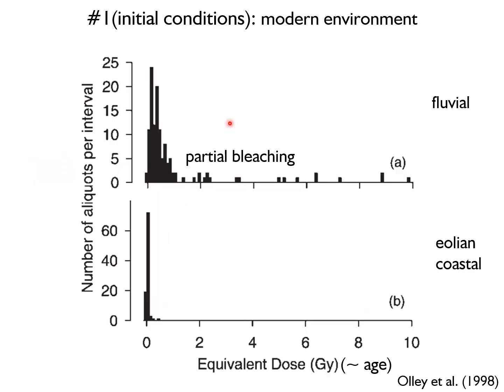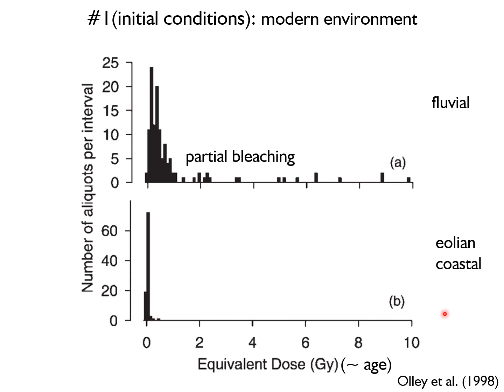So again, we test that hypothesis by taking a modern sediment, by that I mean a sediment that is currently in transport, either in a river or by wind or coastal processes like a beach, and we measure the luminescence ages.